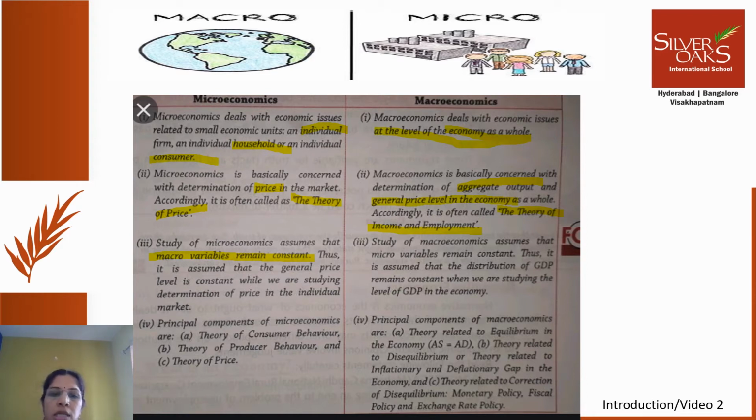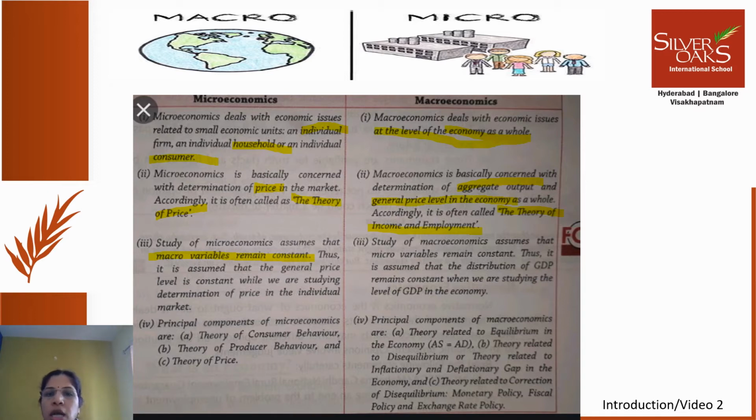Thus, it is assumed that the general price level is constant while we are studying determination of price in the individual market. Suppose you are studying the employment trends in the automobile industry. You will keep the employment trends of the entire country constant at a macro level and study only the employment trends of the automobile sector, because that is a micro study. It is not a study concerning the entire economy as a whole.